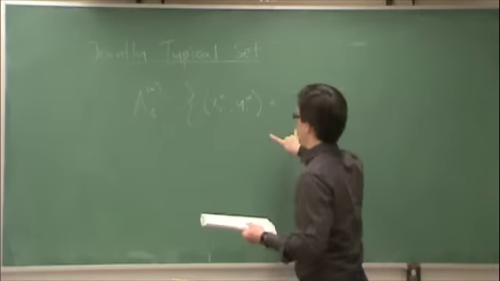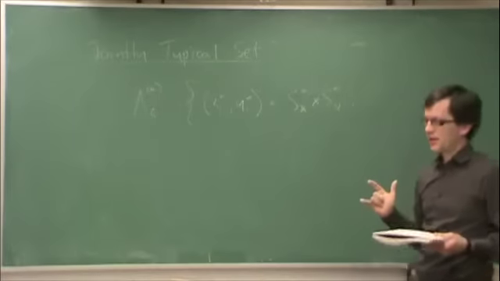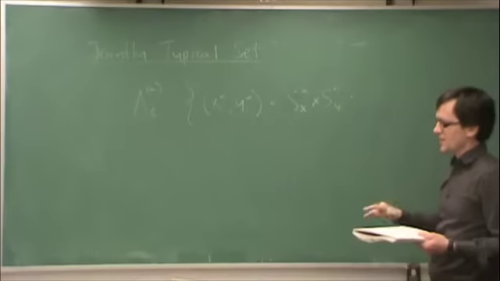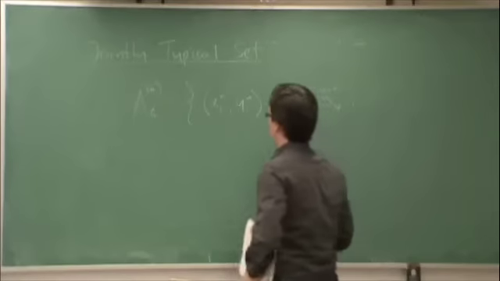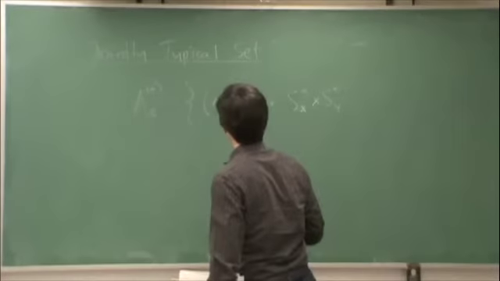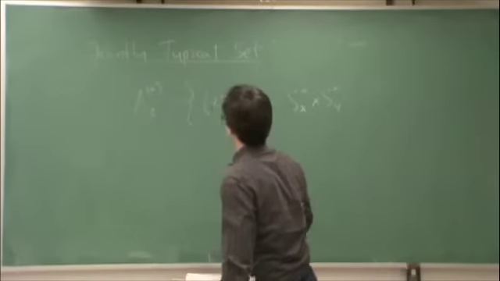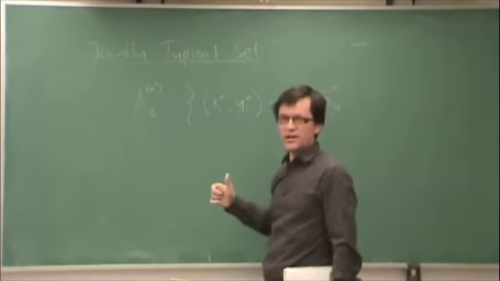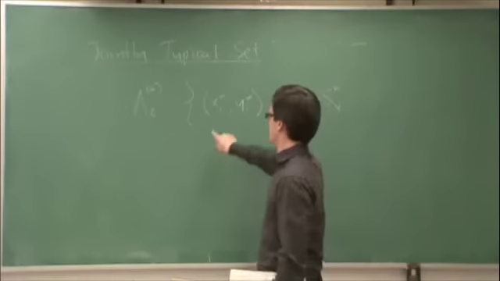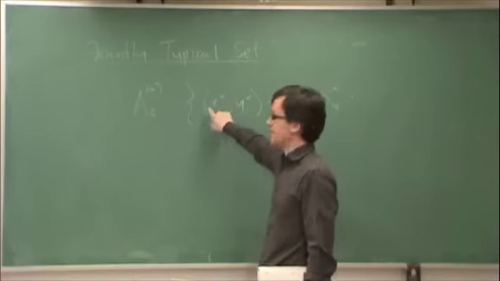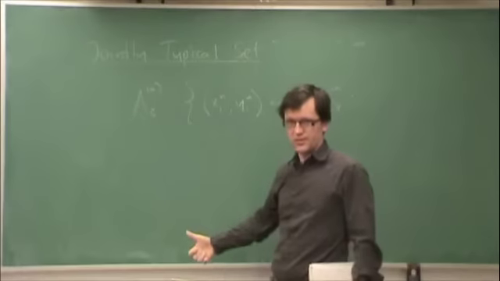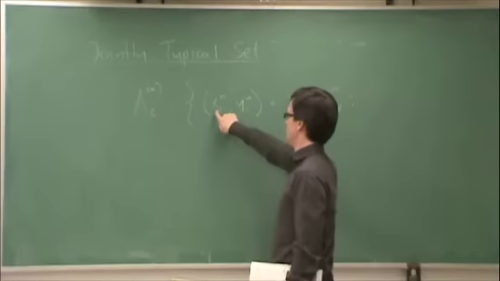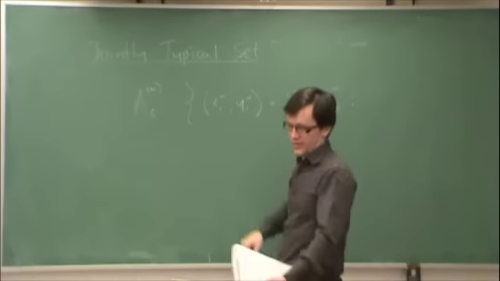So it's not merely the generalization of the marginal typical set for one source where all of the individual sequences must be typical. Here we have this one must be typical, that one must be typical, and they both together must be typical.